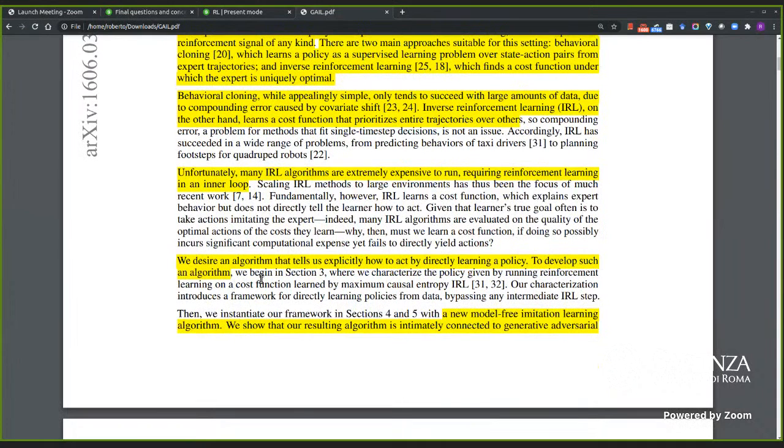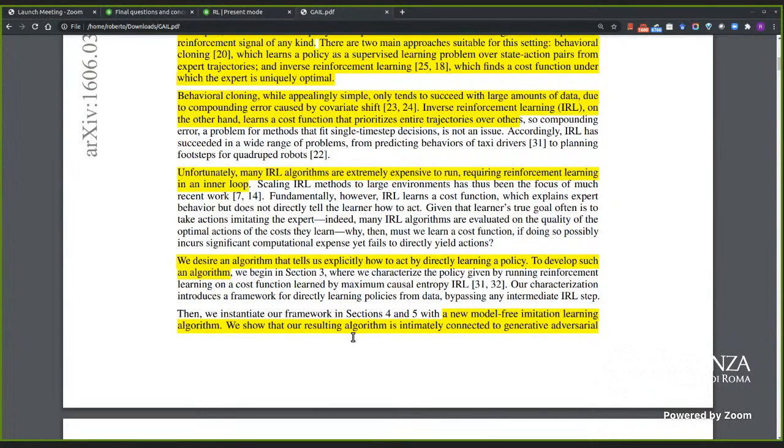So we design instead an algorithm that tells us explicitly how to act by directly learning a policy. And to develop such an algorithm, they introduce GAIL, which is a new model-free imitation learning algorithm.